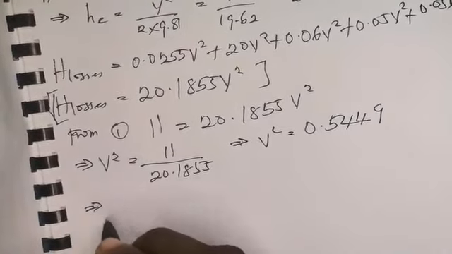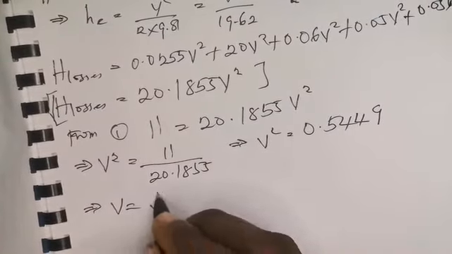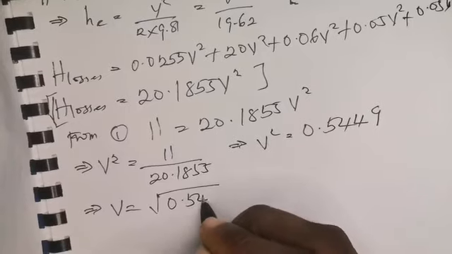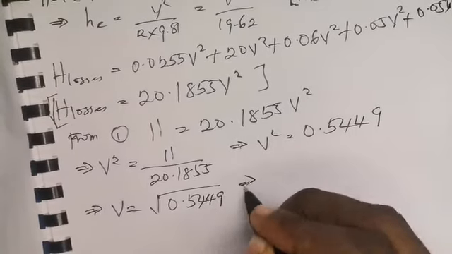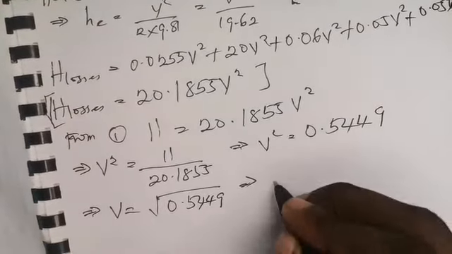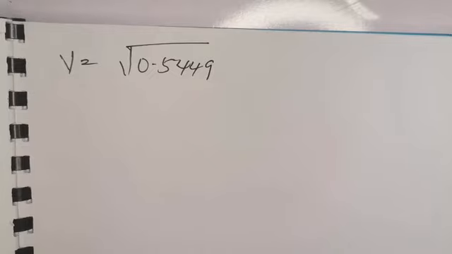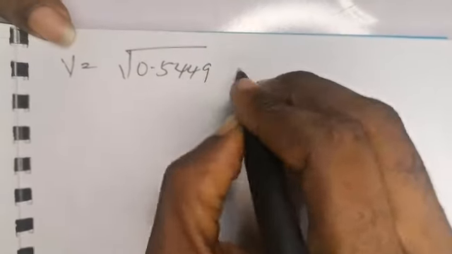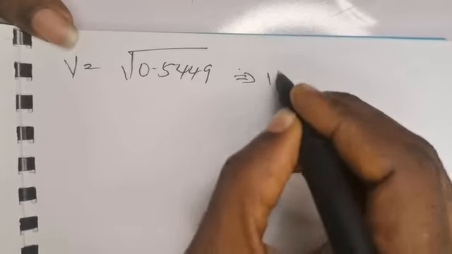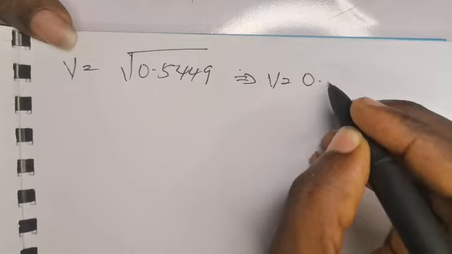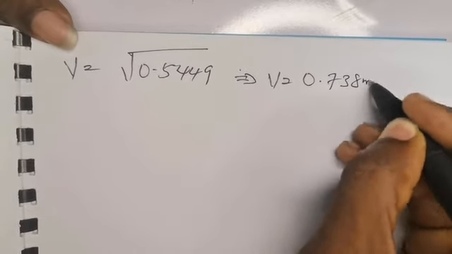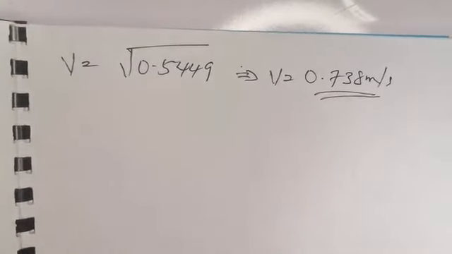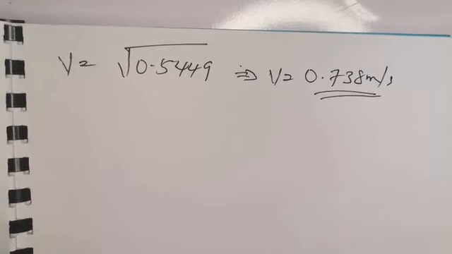V is equal to the square root of 0.5449. Let's find the square root of that value. So V is approximately 0.738 meters per second. So this is the value of V.